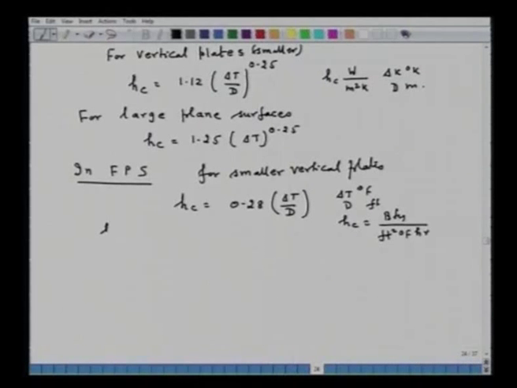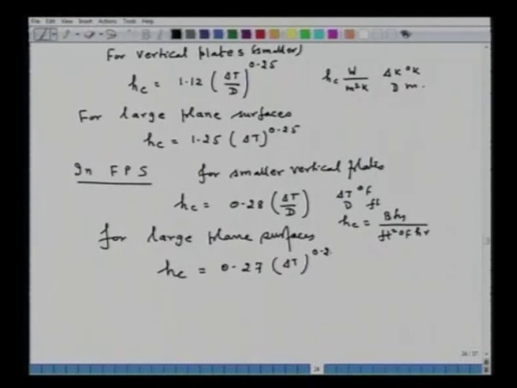For large plane surfaces, Hc is equal to 0.27 delta T raised to the power 0.25, here also 0.25.